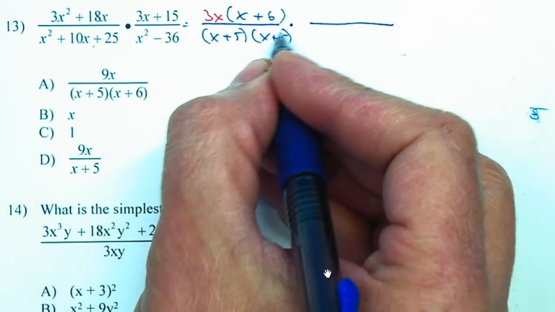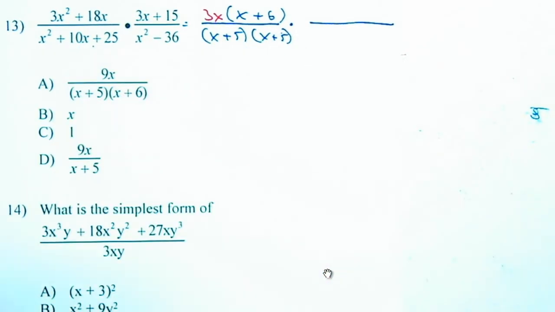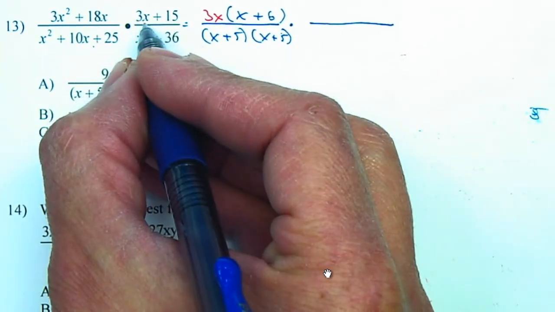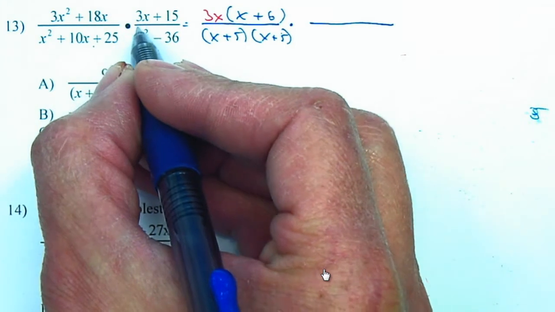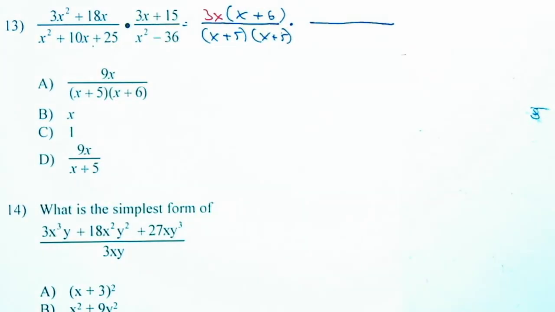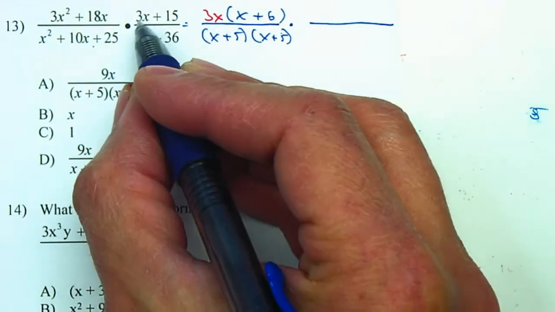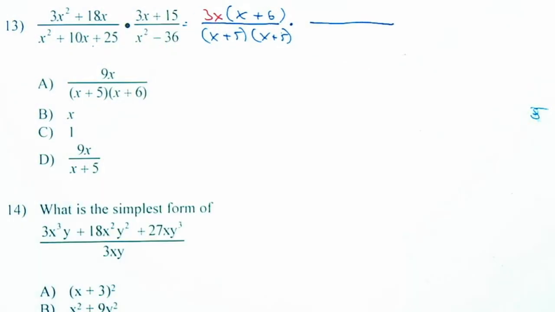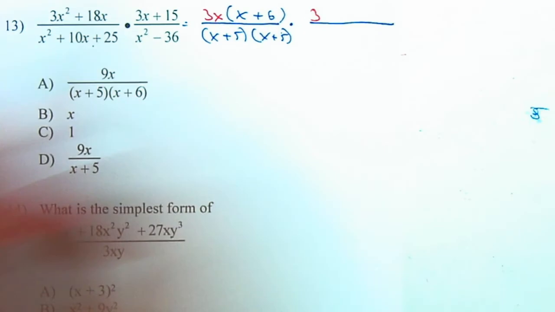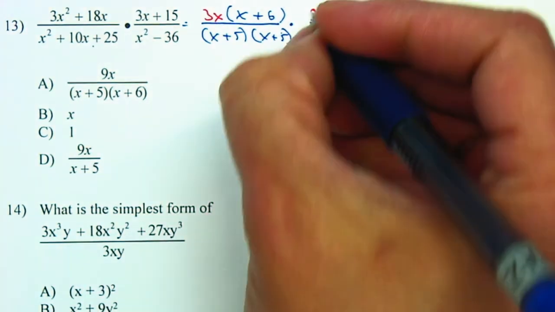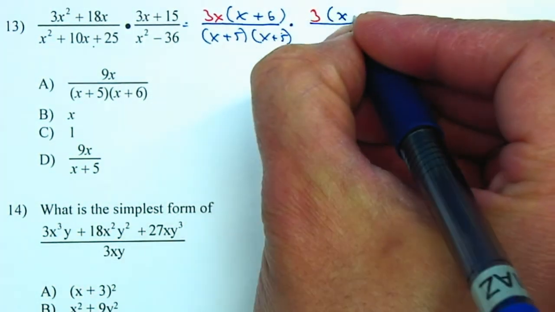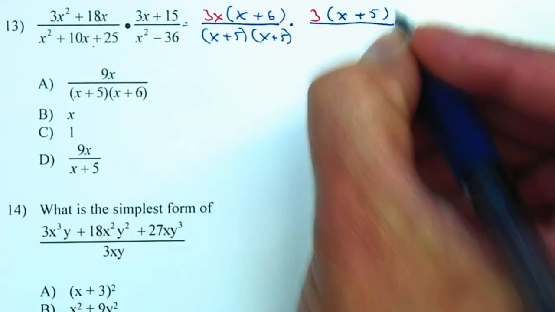That gives me 5x, and 5x is 10. On the numerator, on the second fraction, take out the common factor. One number divides 3 and 15. 3. Do they both have an x? No. So 3 times x will be 3x, and 3 times 5 will give me 15.